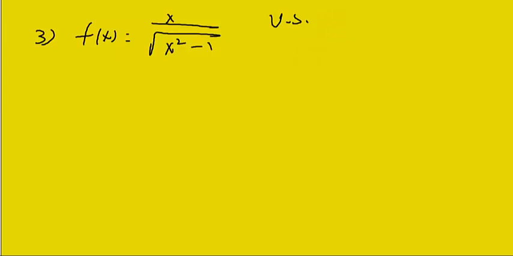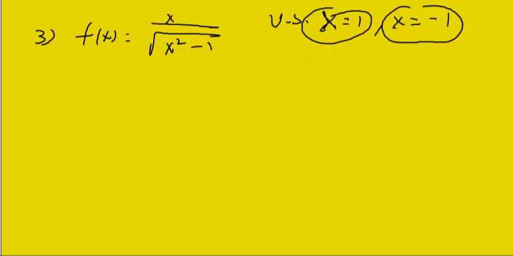What two numbers can't I have here? x is equal to what? 1, and x is equal to negative 1. Now, notice I wrote them separately. If you write x is equal to plus or minus 1, I'm going to take a point off, because these are equations of a line. So you have to write them separately. Remember to do that.